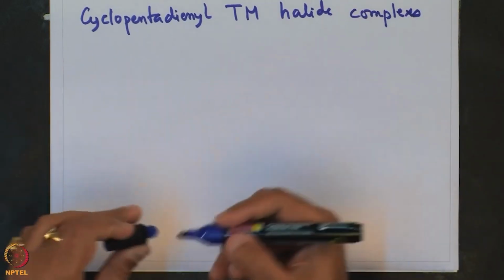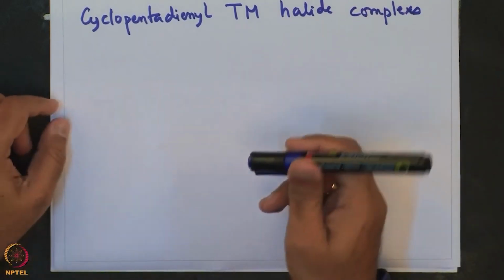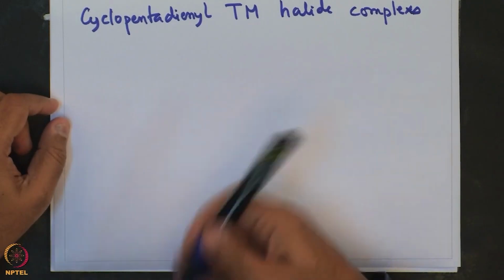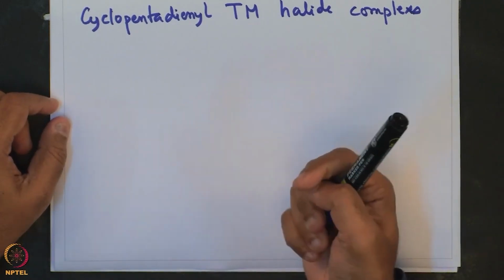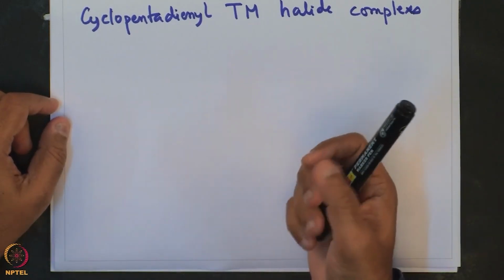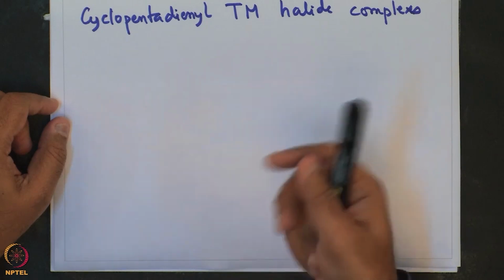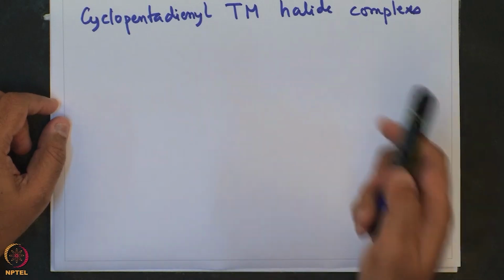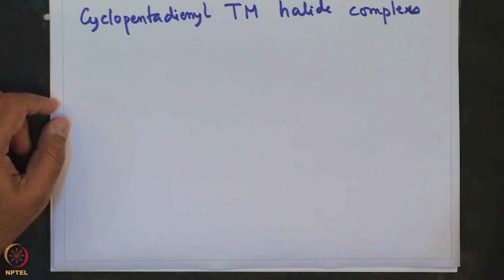So, these halide ions closely resemble the hydride ions because they are both anionic 2 electron ligands.